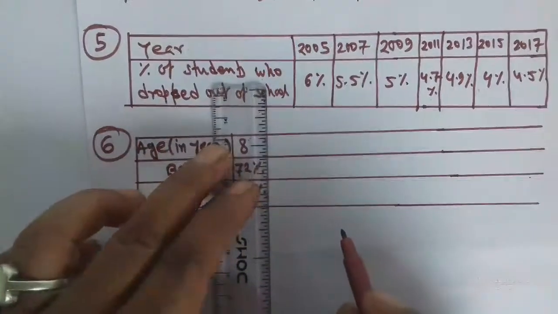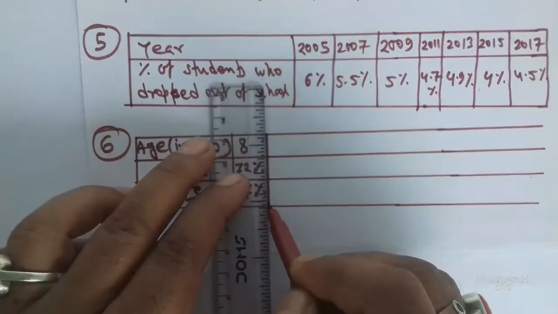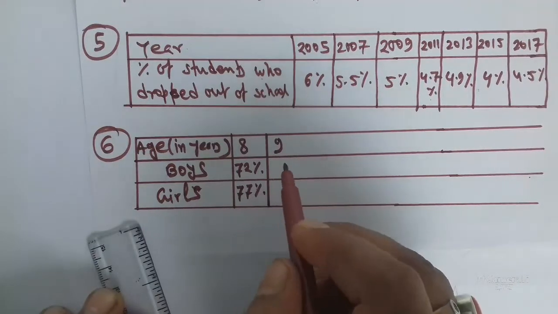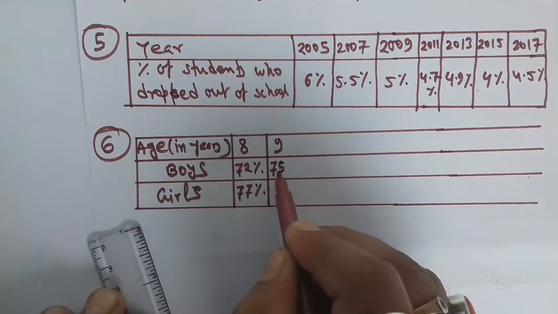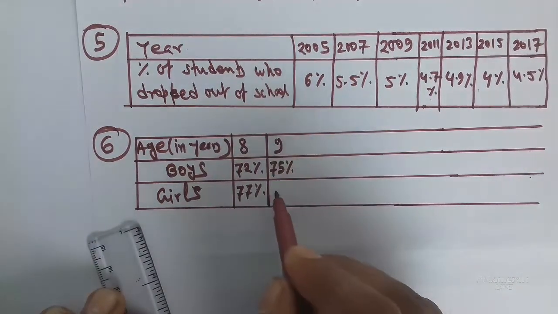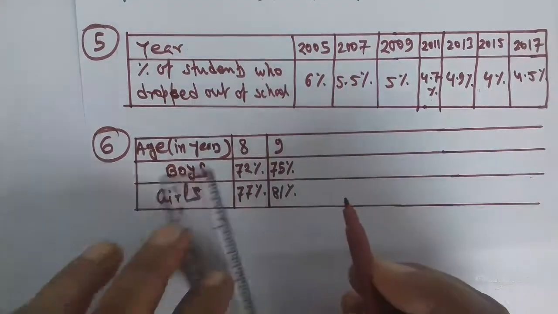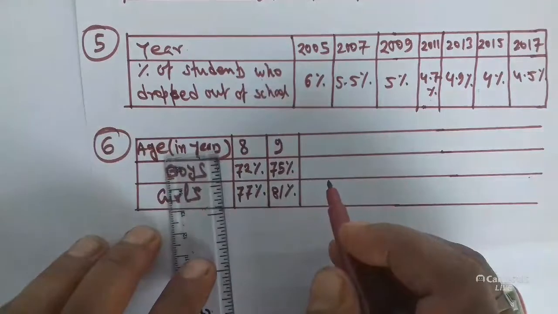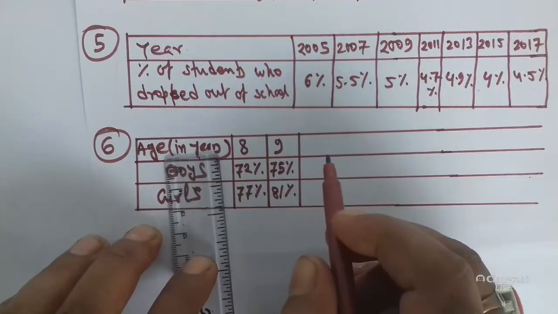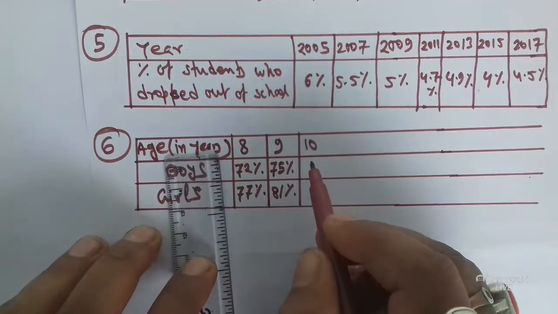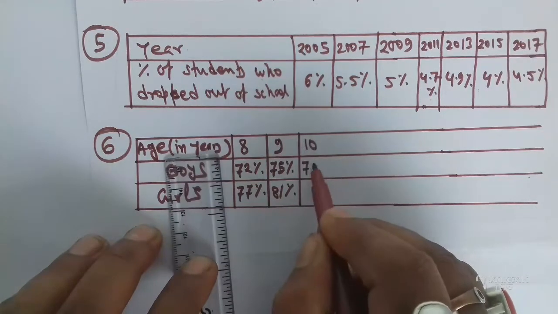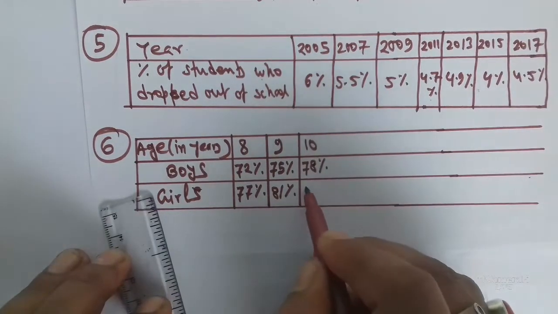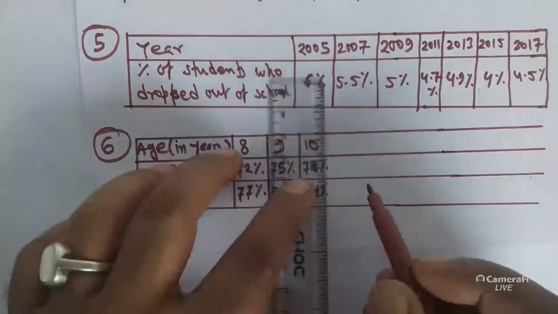Now at the age of 9, 75% and 81%. Then at the age of 10, 78% for boys and 84% for girls.